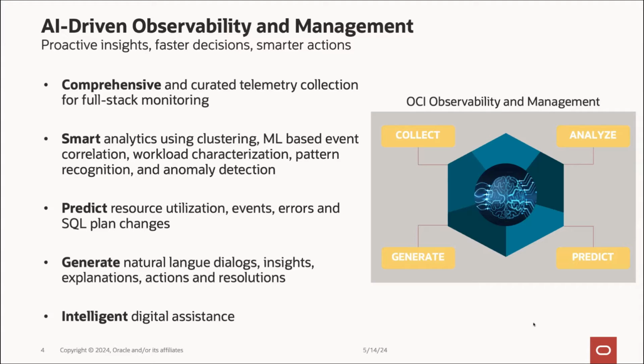So we have various techniques for smart analytics like clustering, so we can identify the pattern of data that we are seeing. And instead of looking at raw logs or raw metrics, we'll give you visualizations based on specific sets of clusters. We also have machine learning based correlation. So we can identify different types of log data across your different data sources or log sources and correlate them so that you can quickly identify the problems in your environment.